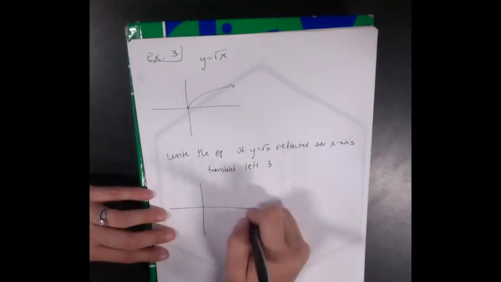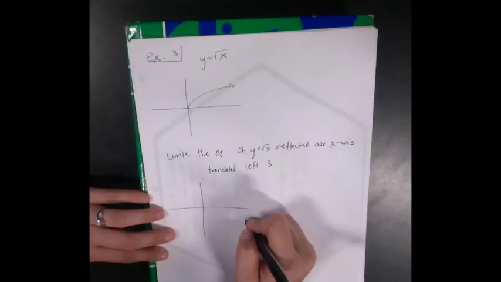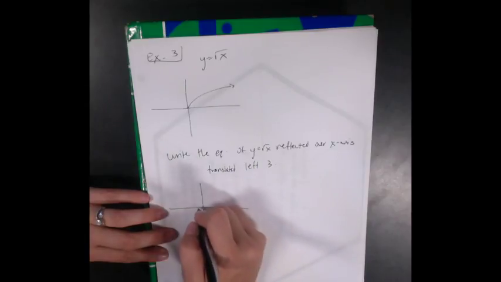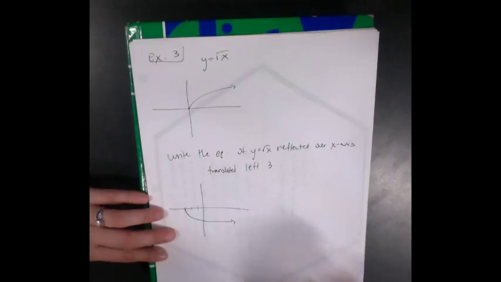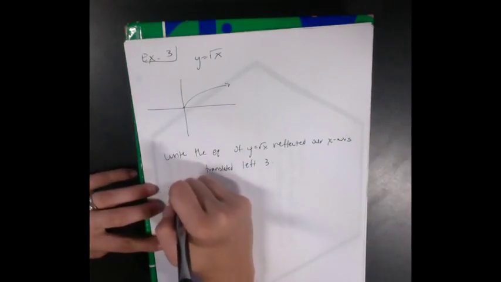So what would that look like? Reflected over the x-axis would have me here, and moved to the left 3 would put me like this. This is just a sketch.